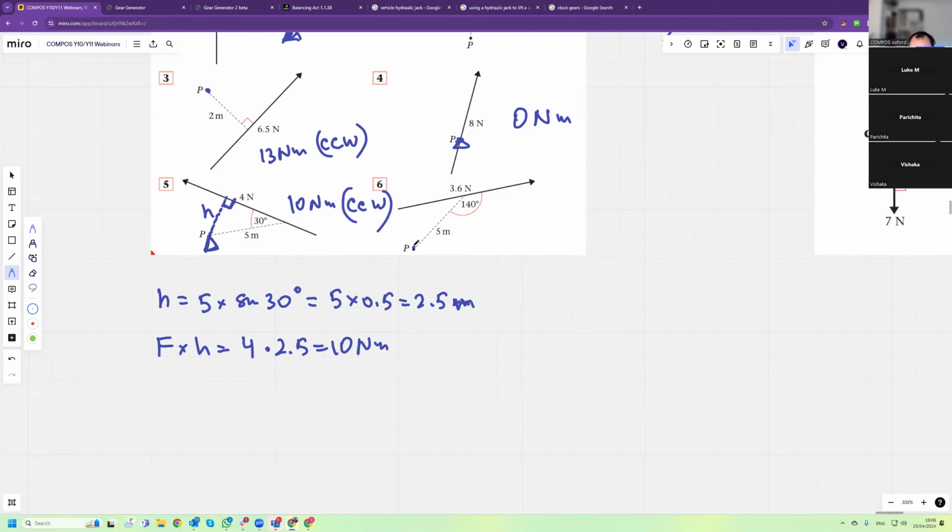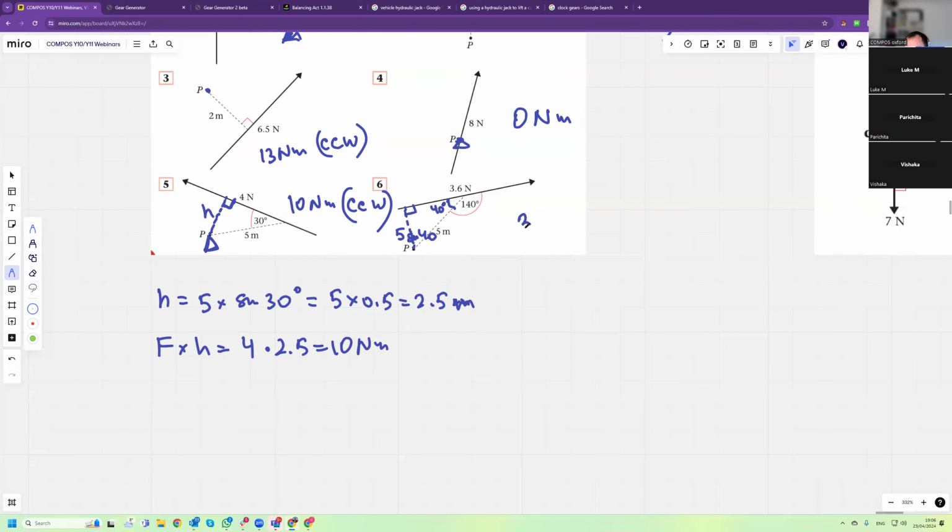And here we need to find the perpendicular distance. This is 140, so this is 40 degrees. And this distance is 5 times sine 40.